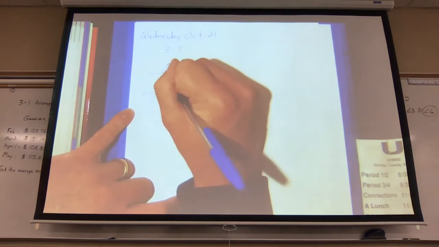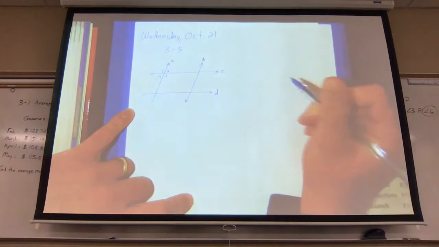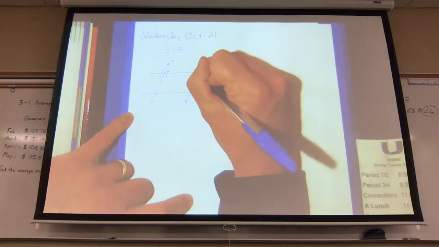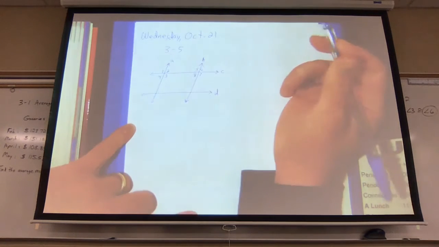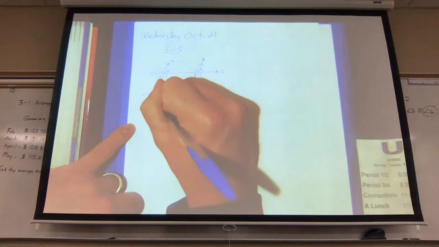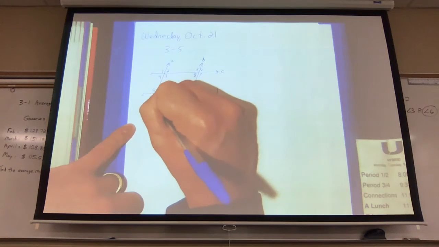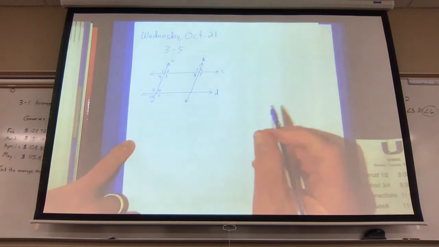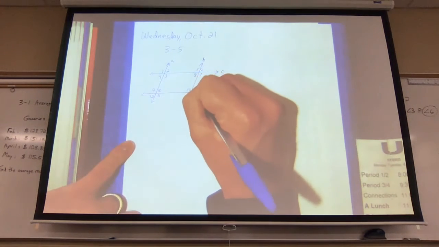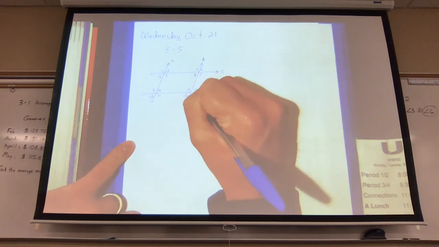So we've got angles 1, 2, 3, and 4 here. 5, 6, 7, and 8 here. 9, 10, 11, and 12 are on the left side, and 13, 14, 15, and 16 over here.